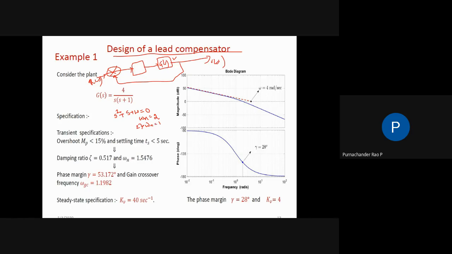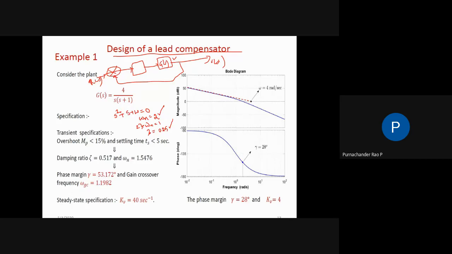Therefore zeta is equal to 1 by (2 into 2), which is 1 by 4, equal to 0.25. Zeta is 0.25. So these are the natural frequency and the zeta for the given system.